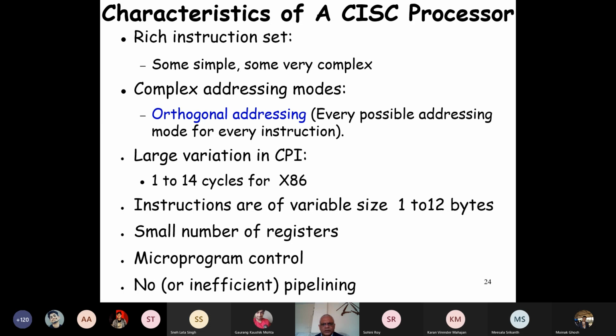But then they could not go far in pipelining the CISC processor. They had to make it externally CISC, internally RISC. Finally, internally it operates like a RISC computer, and therefore pipelining could be used efficiently. It will become clear why we are making this statement that CISC has inefficient pipelining. Please think about it as we proceed. We'll explain this.